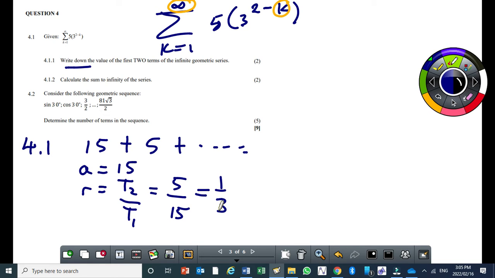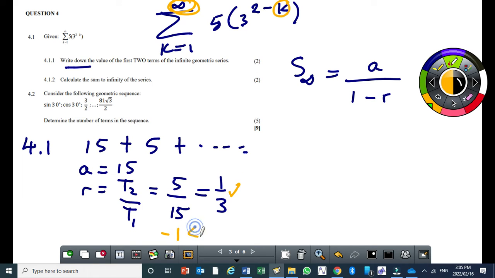Then we use the formula S infinity is equal to A divided by 1 minus R. We use that formula because of this, and also because the common ratio is between minus 1 and 1. The common ratio is between minus 1 and 1.